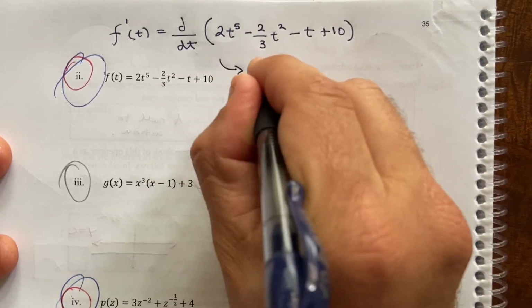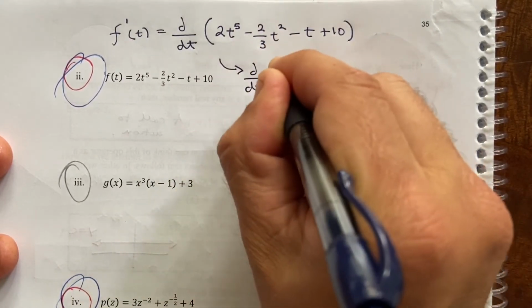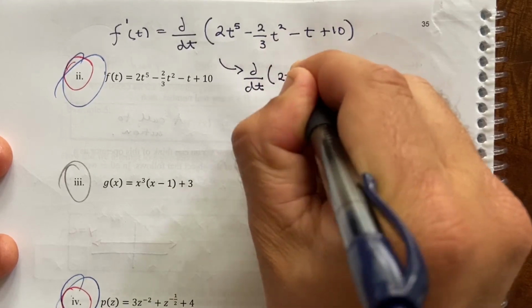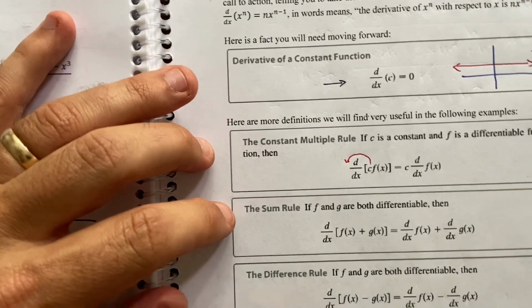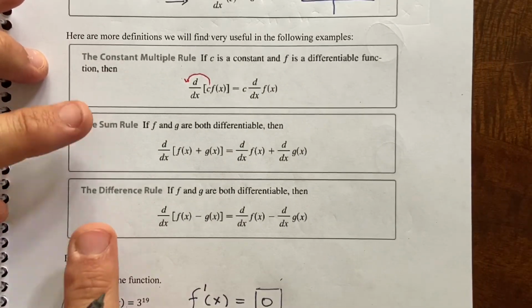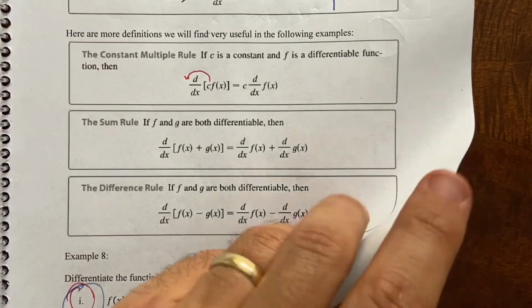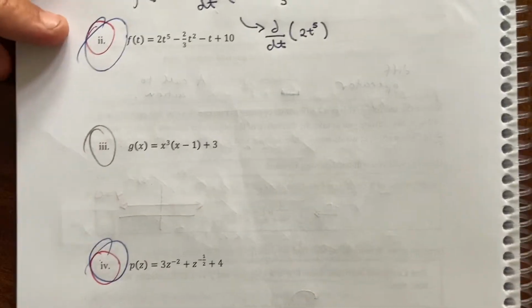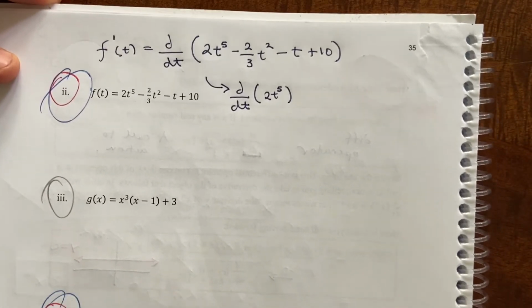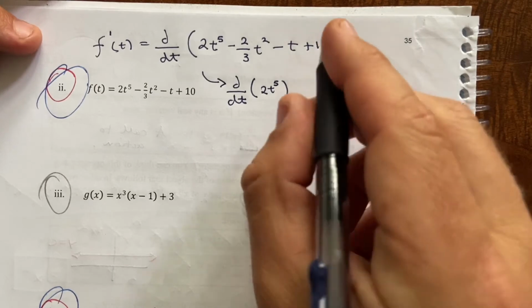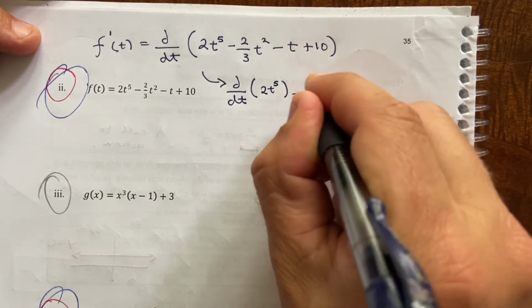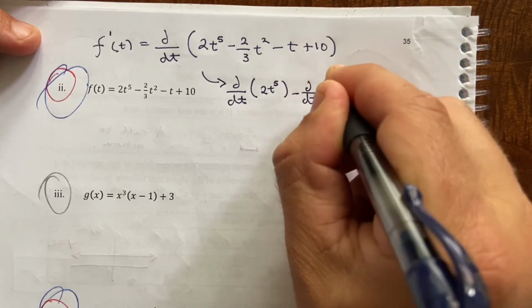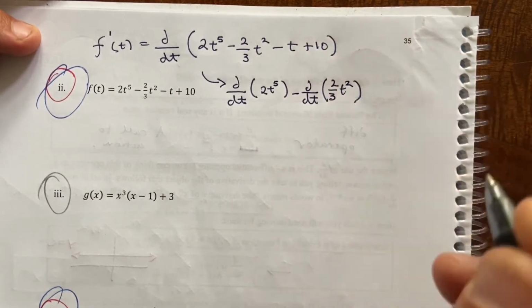So I would say d dt of this first term. What I'm doing here is kind of a combination of these two, the sum and the difference. I'm just trying to show a lot of work. This is not what we're going to do really in practice as we go forward. And then minus d dt of 2/3 t squared.